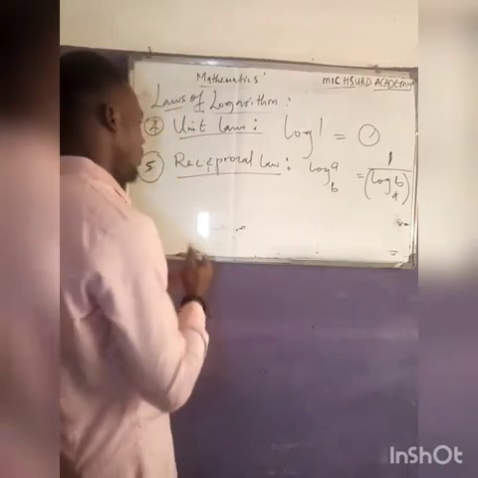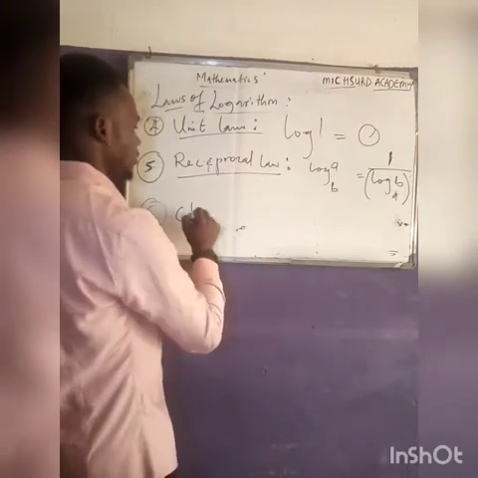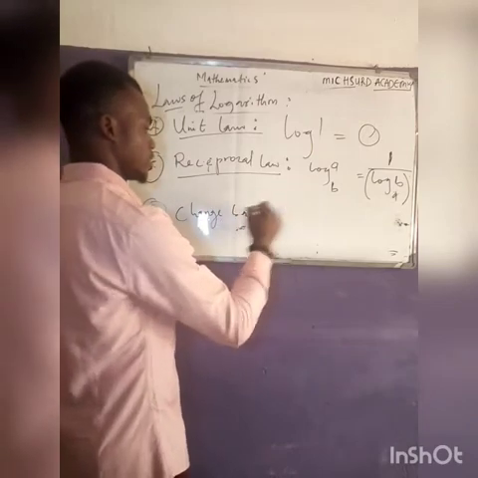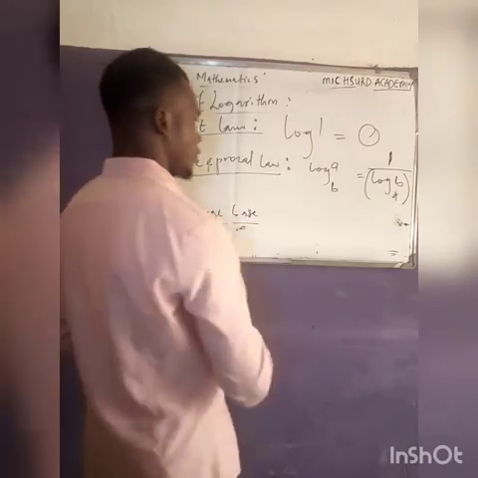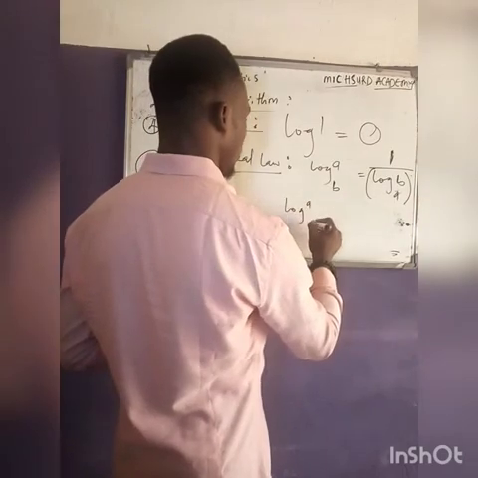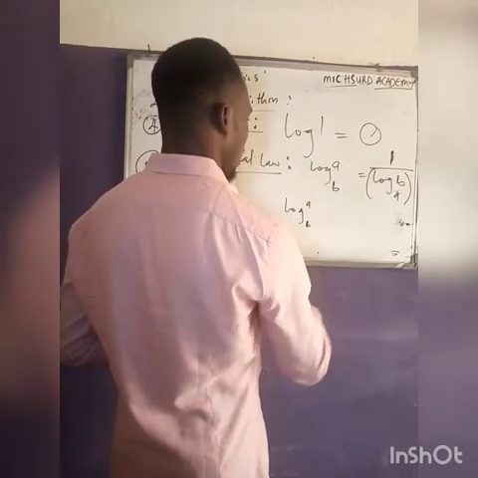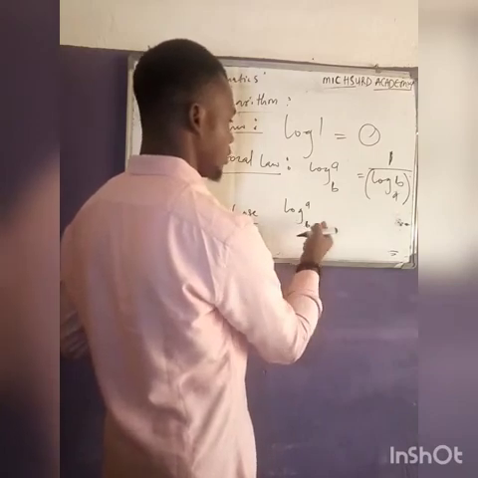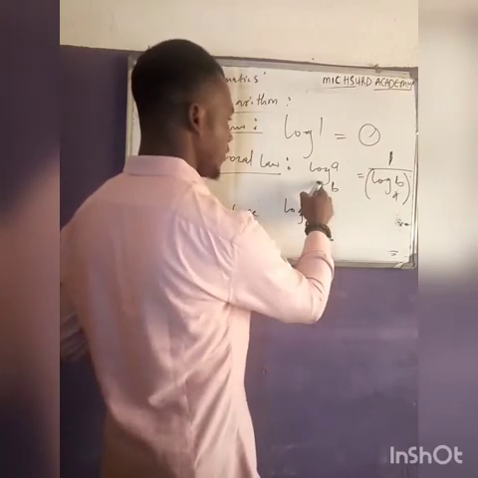So we have a general way to do the change of base to any suitable base you want. Okay, let's say you have log A to base B, and you want to change this log from B to C. Here is A. It's quite different from this.